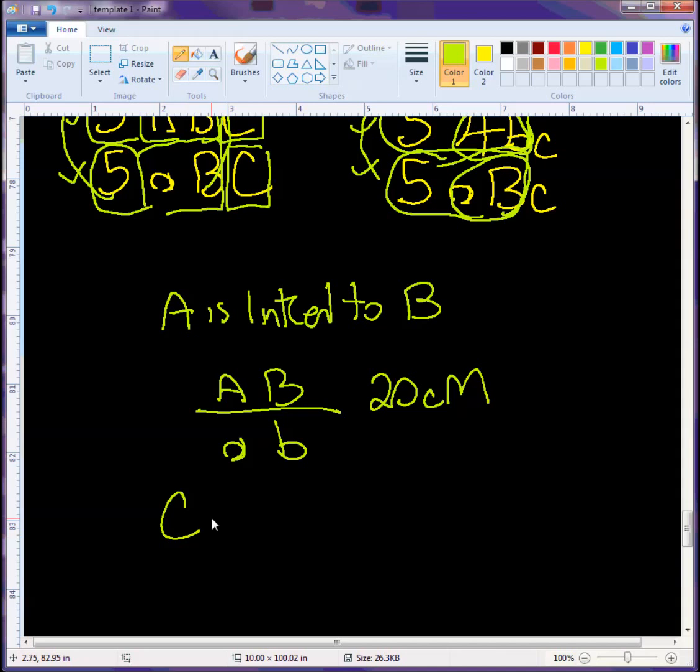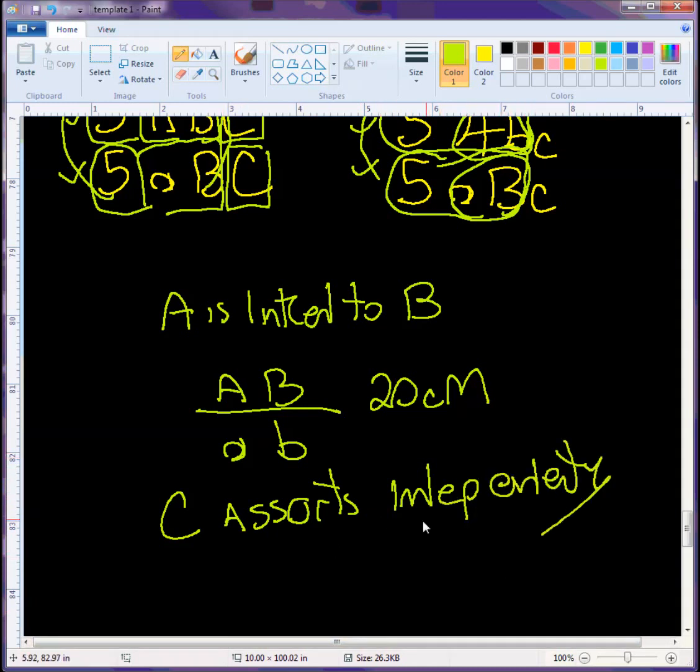C assorts independently of A and B, so it must be on a different chromosome or found so far away from A and B on the same chromosome that it essentially assorts independently.